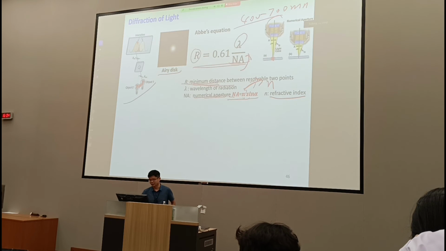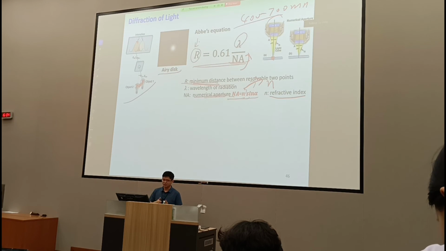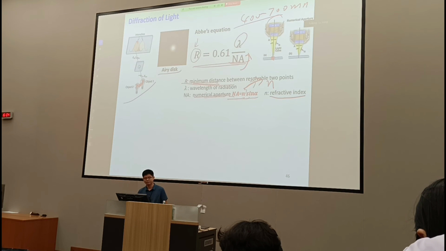In that case you increase the numerical aperture, which is in the denominator, and you can make R smaller. When R is smaller, you improve the optical resolution. But you need to operate your optics under oil, which is not so friendly. That can improve things a little bit, but it doesn't create a dramatic change.